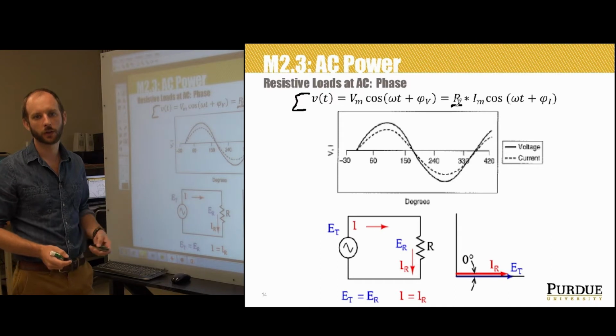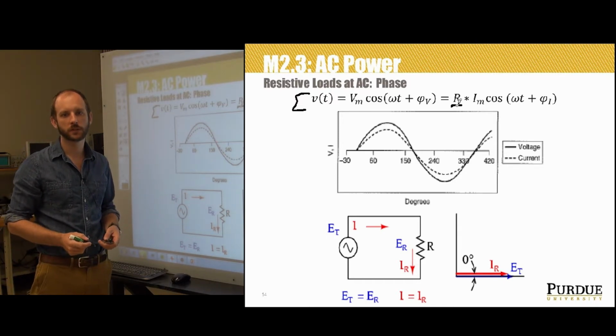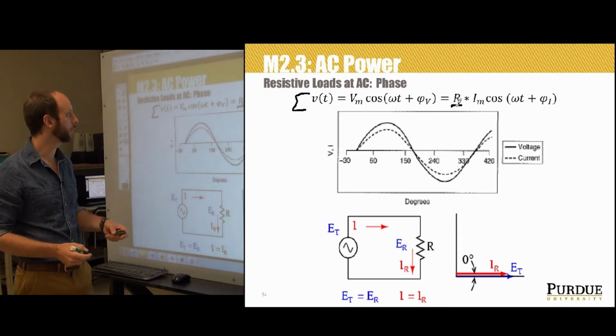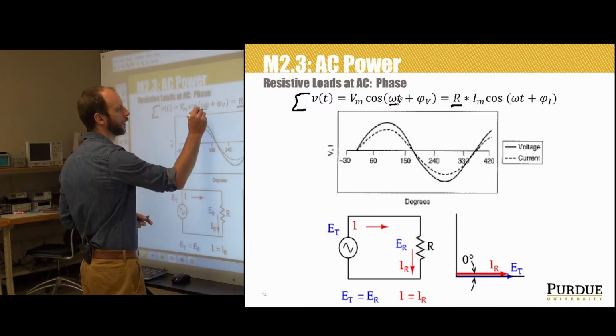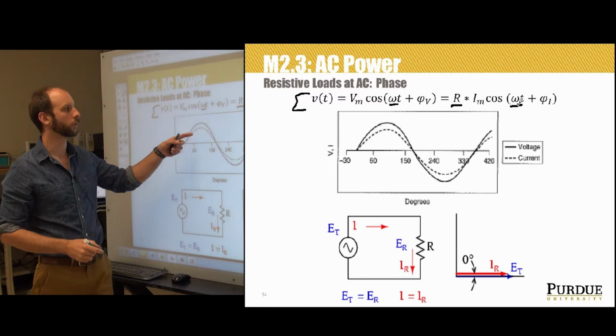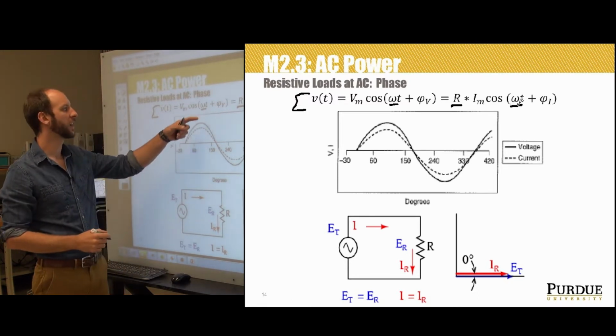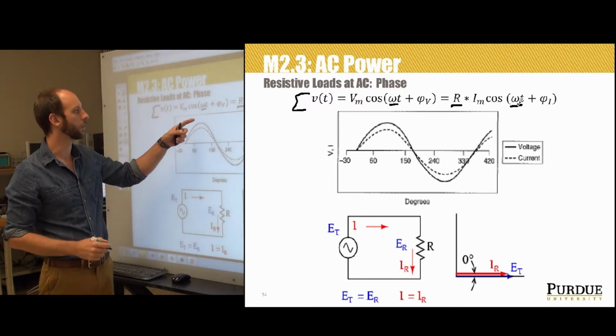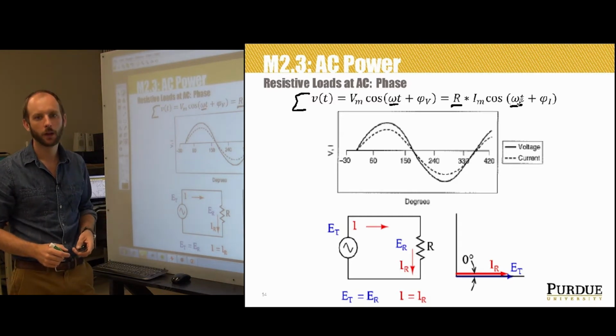You should also notice that according to the above equation, V of t and I of t will have the same frequency, right? Omega t is matched here. That's the same omega t. So the frequency of the resultant current flowing through the device has to be equal to the frequency of the voltage source applied to it.